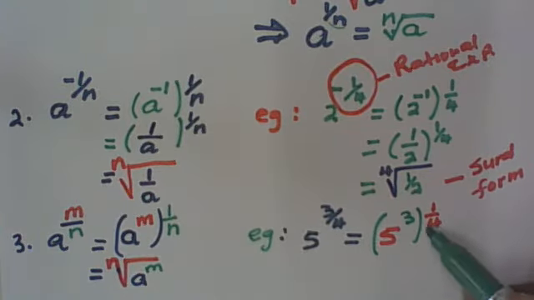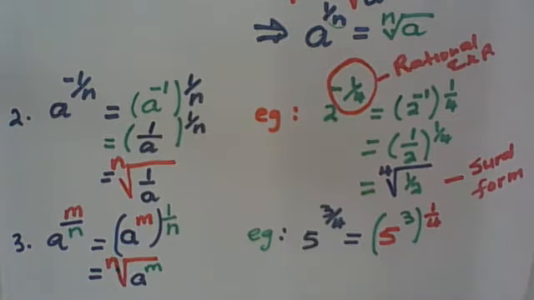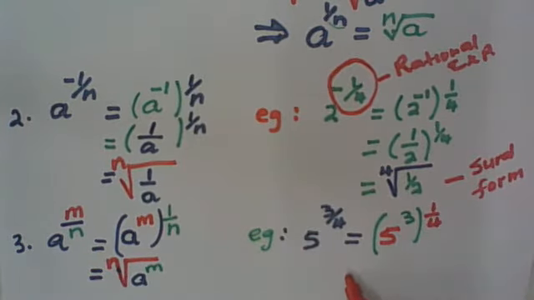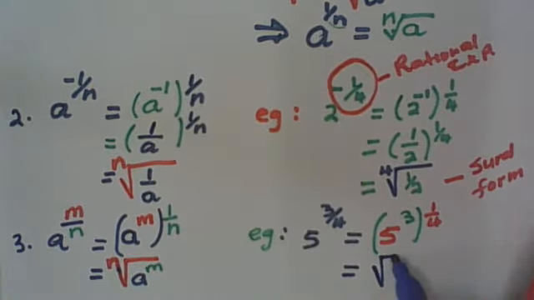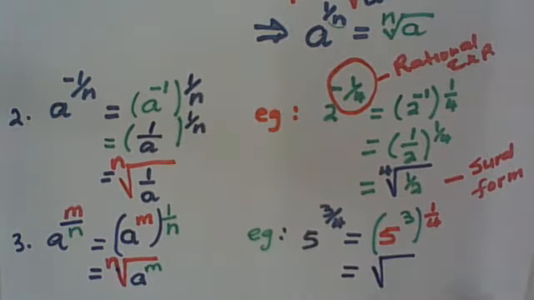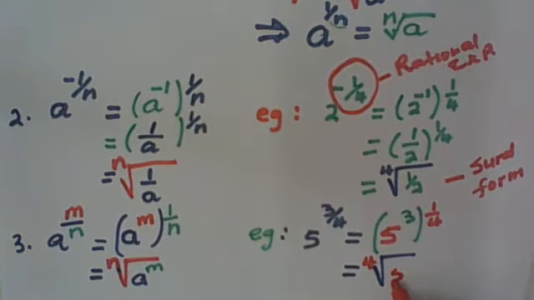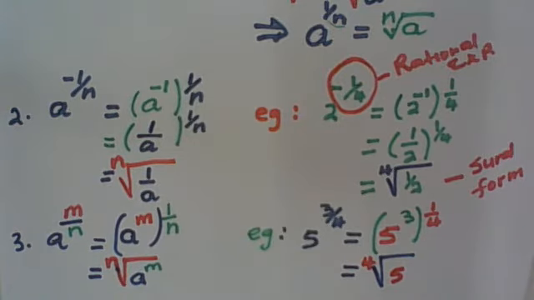That will be the 4th root. Now we put it like this. That will be the 4th root of 5 to the power 3.